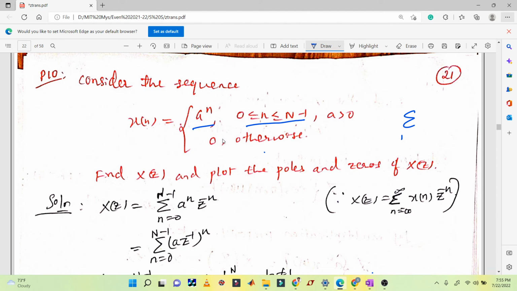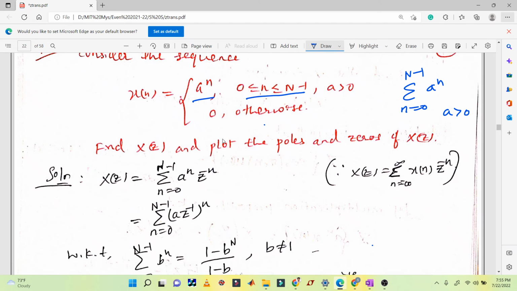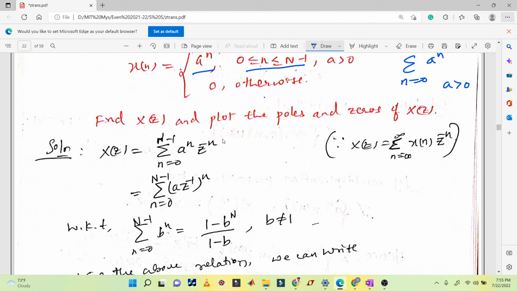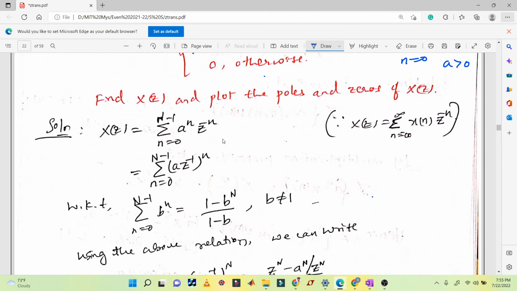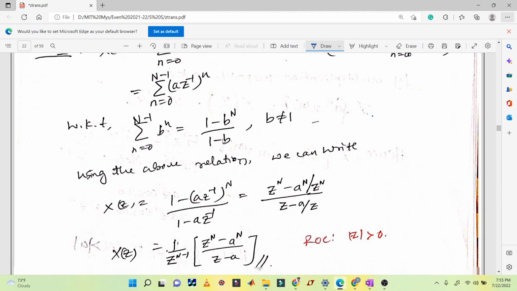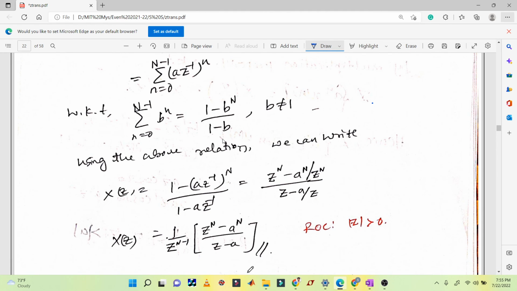So the summation limits will be n equal to 0 to N minus 1 a power n. Already we know the answer for this. But a is greater than 0, he has given, but to what extent is not given. That's why we need to choose the conditions a not equal to 1 and a equal to 1.